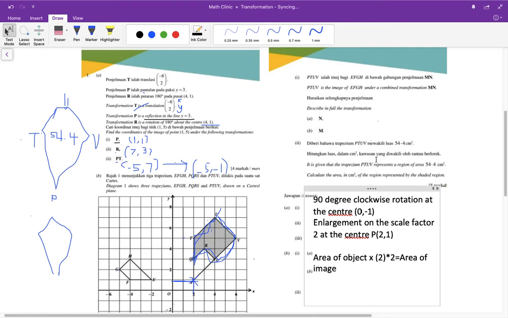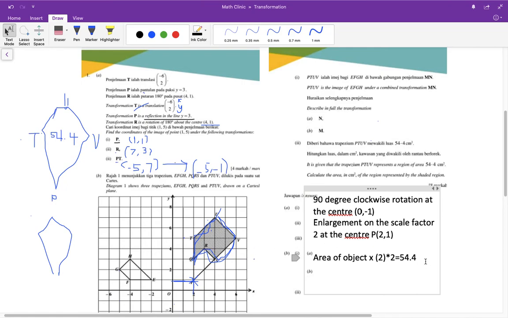So the info gives you the area of image already. The area of image, okay, it's given, it's 54.4. So before that, you have to find the area of object, and then you use the big one minus the small one, and then you get the shaded region. Yeah, that's all.